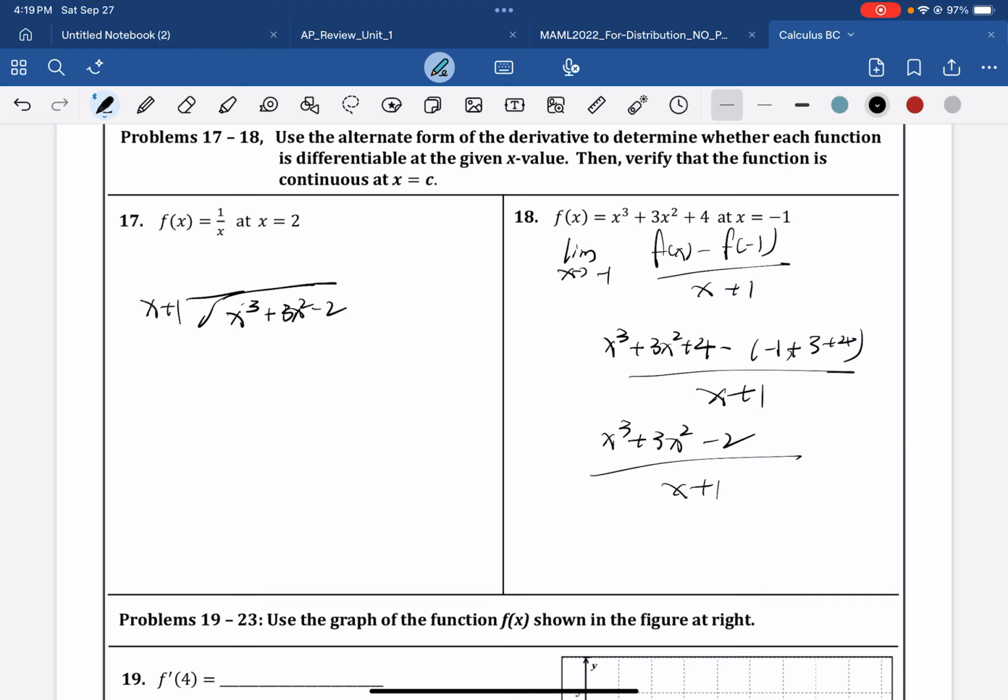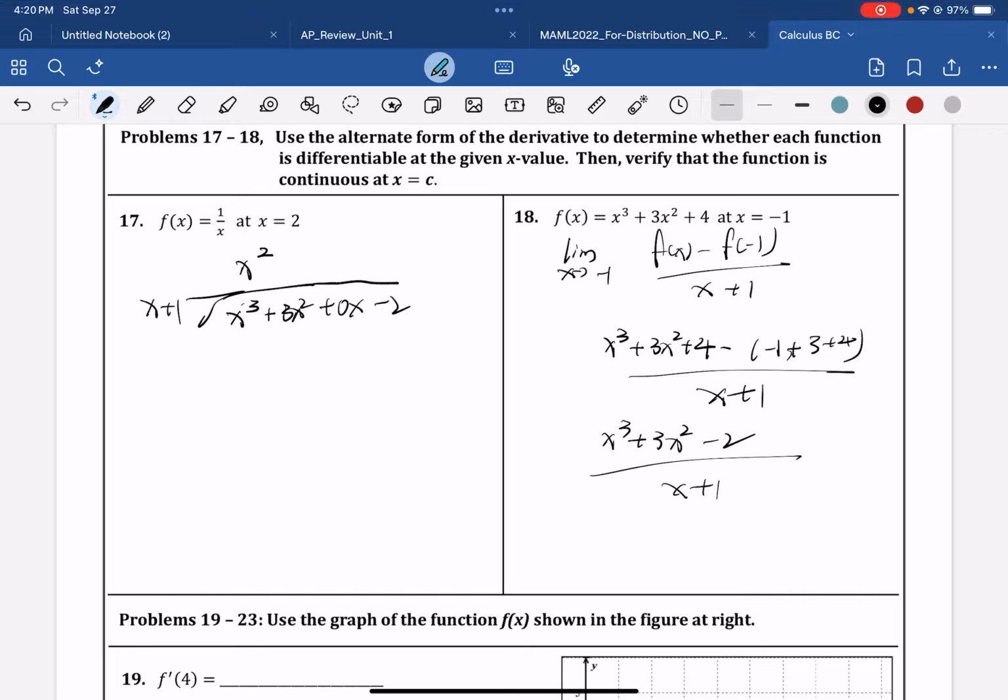This step tests whether the root exists at x plus 1. We see x cubed plus 3x squared, and there's no x term, so we write plus 0x and then minus 2.